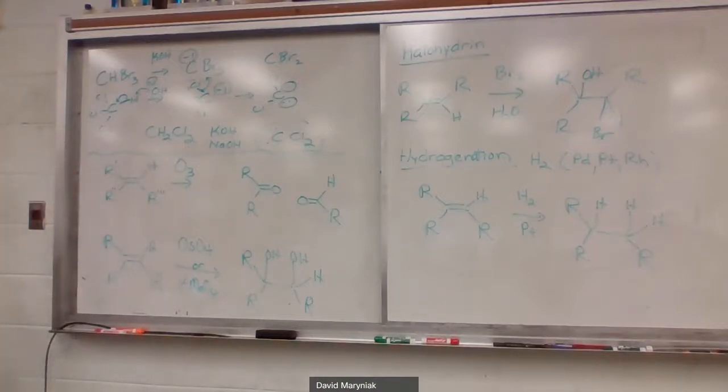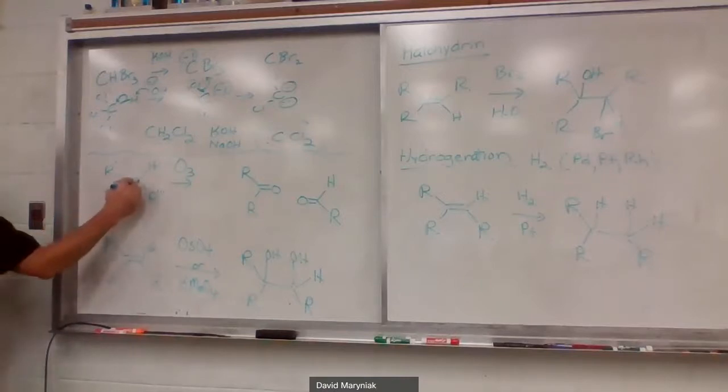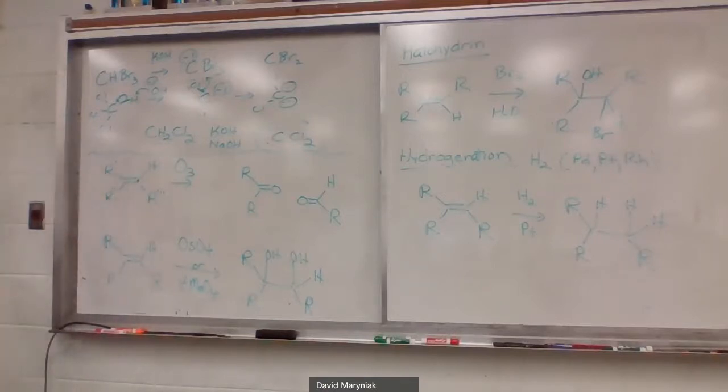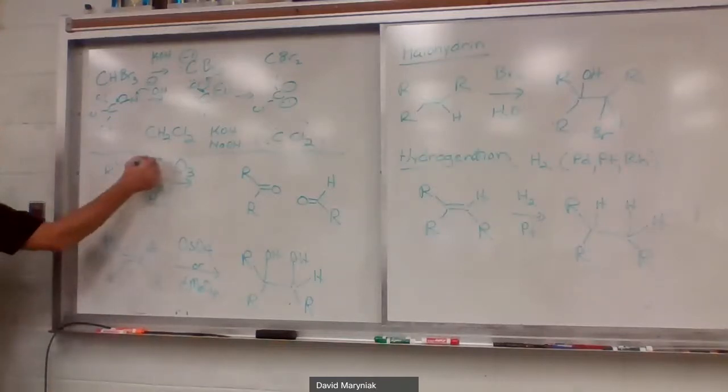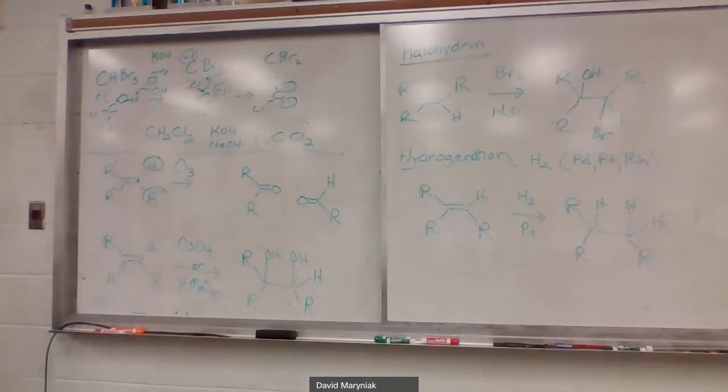And most importantly, this carbon has two carbon groups on it, or a carbon group and an H. Because we're going to say R's are carbon groups, and that's, of course, an H. Could this be an R? Yes. Would the product's composition change?